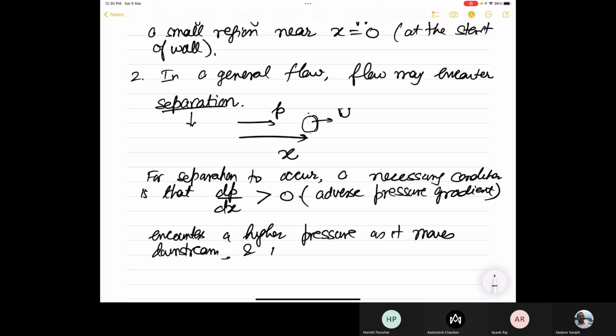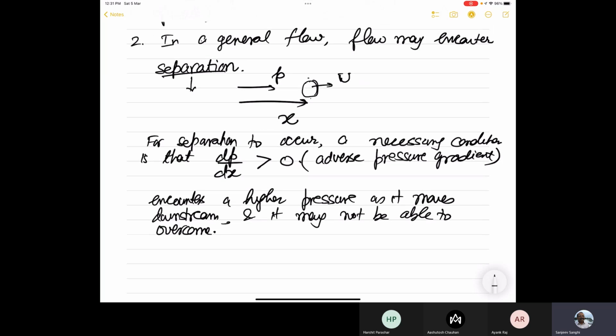And it may not be able to overcome it. So as the particle moves, if the flow is moving, velocity is 0 here, particle near the wall.